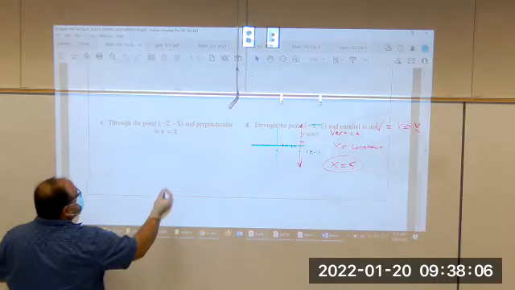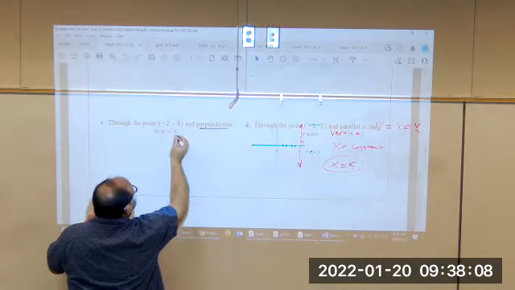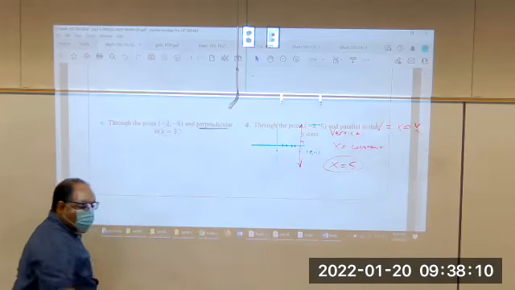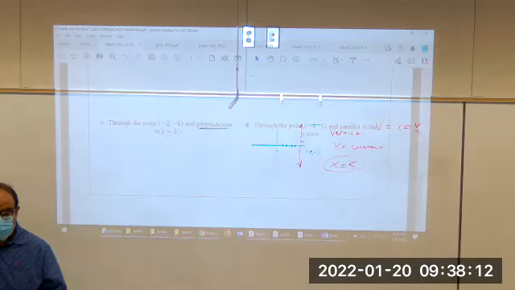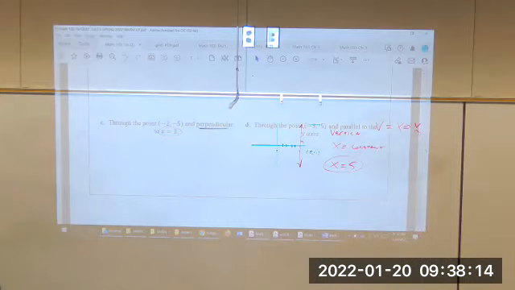But here's the deal: when we have x by itself, that is a vertical. It's a special case. If you're parallel or perpendicular to a horizontal or a vertical, then your problem is a special case. Anytime, every time.